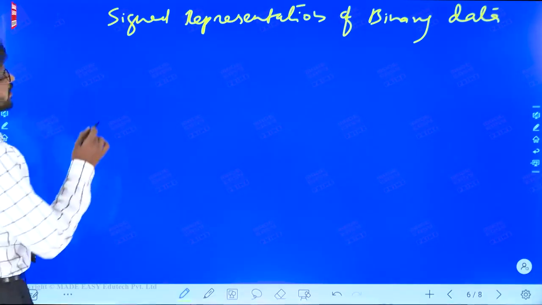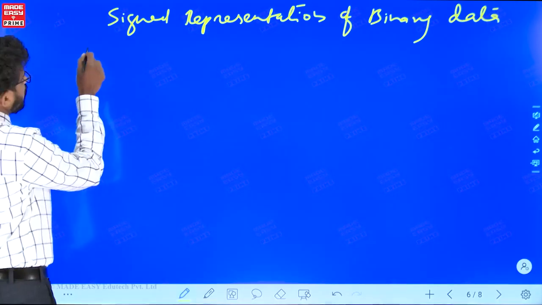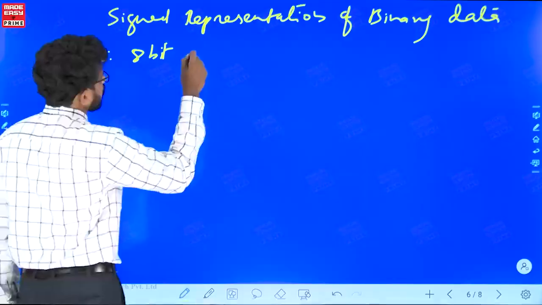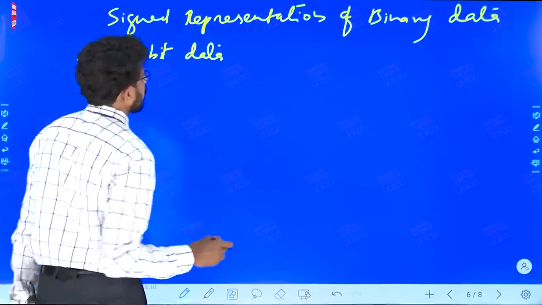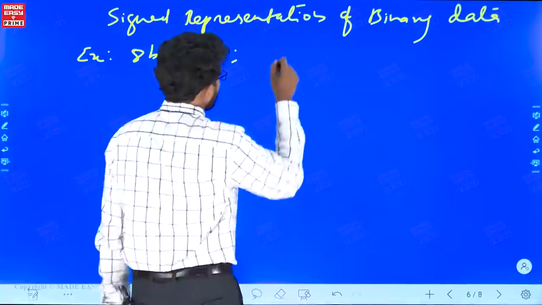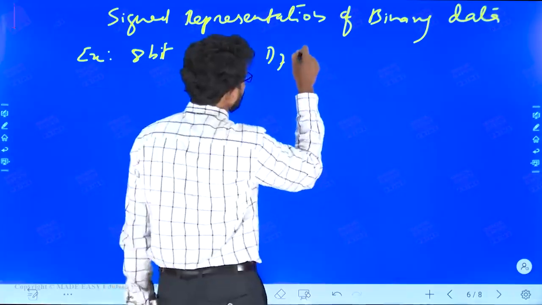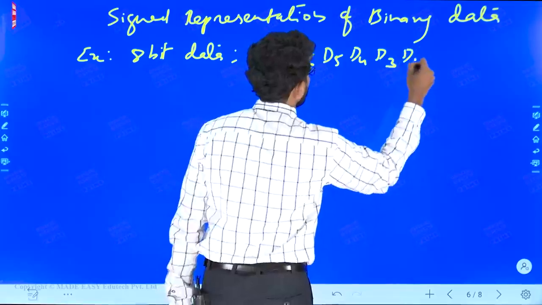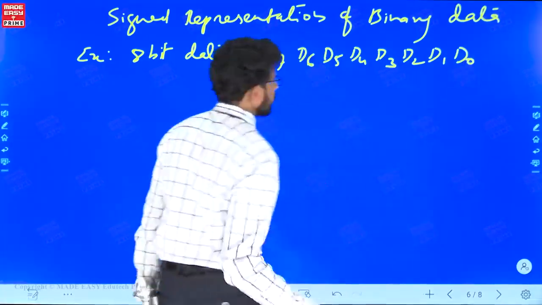So if I consider, for example, 8-bit data, how do you represent this signed data? It means D7, D6, D5, D4, D3, D2, D1 and D0.